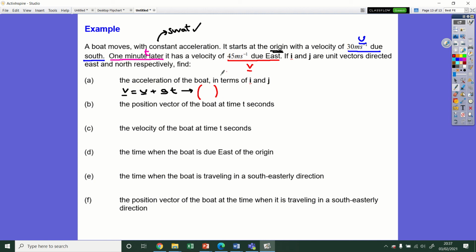That's the direction, and it's going to be pointing out to the right, due east. So that's going to be 45, 0. And that's going to equal u, which is 30 meters per second due south. If I'm pointing south, that's downwards. So my velocity vector is going to be 0, minus 30. And then plus time is going to be 1 minute, that's 60 seconds.